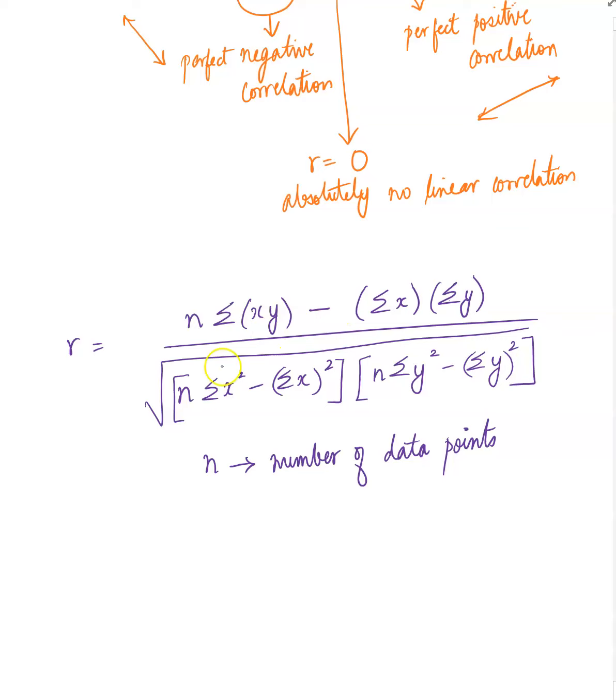Okay, that's your numerator. In the denominator, summation X squared means you have to take the X column and square it first. So each X will have to be squared, and you need to take the sum of all those squared X's. That is this. Summation X with the parentheses around it and a square means you'll have to first take the sum of all the X's. We already did that for the numerator, right?